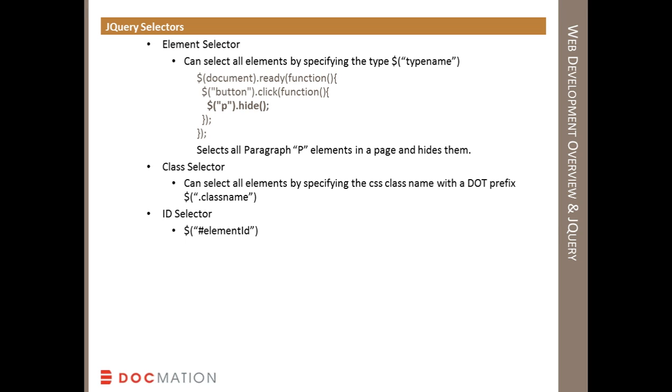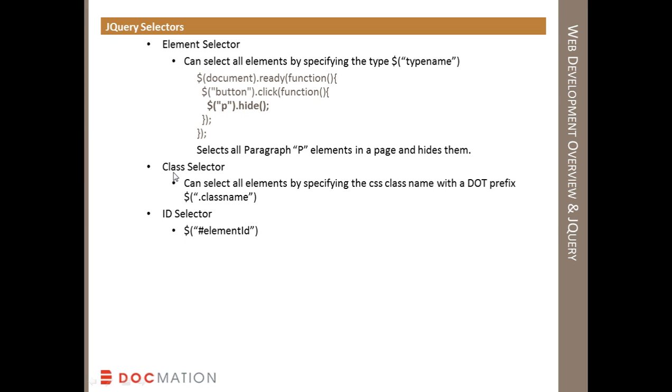So using this syntax, using the element selector, you can use any HTML tag here as a selector and then perform the appropriate action. What jQuery does is it goes and retrieves all those tags in the page and then performs whatever action that you are trying to do.